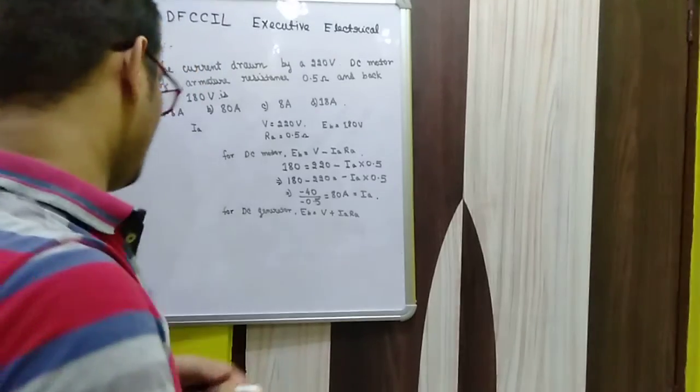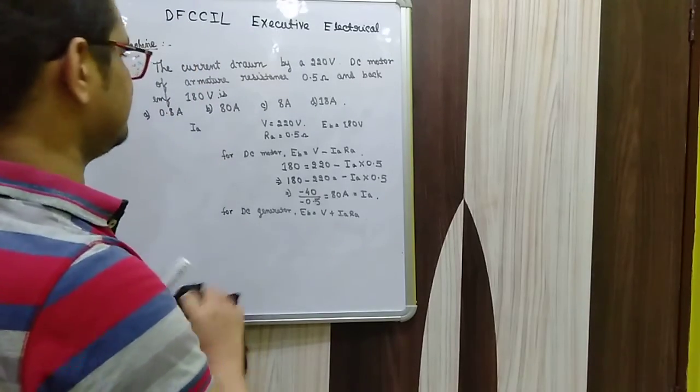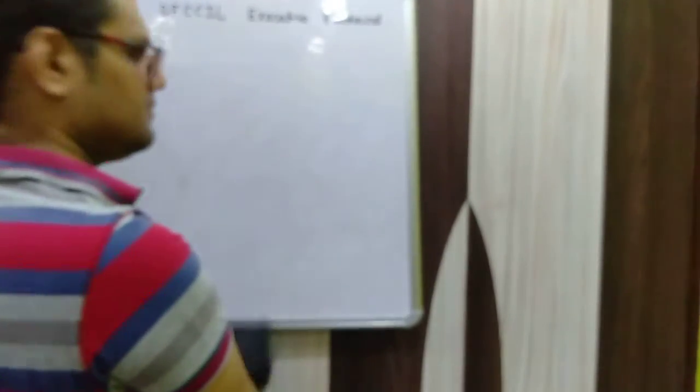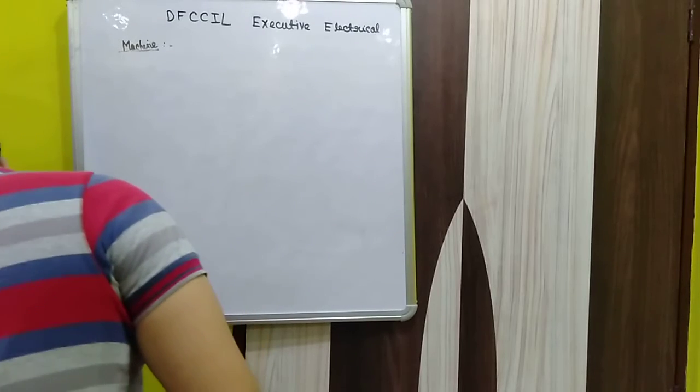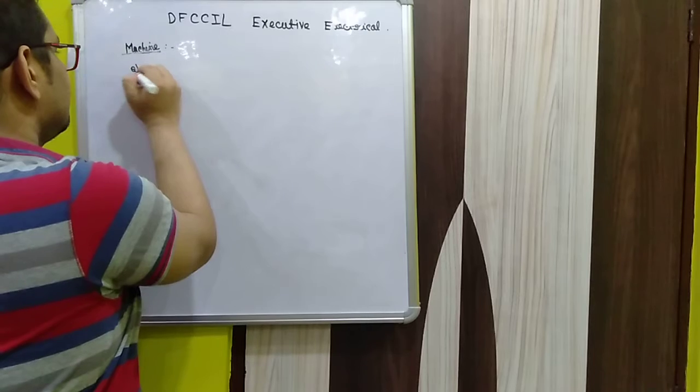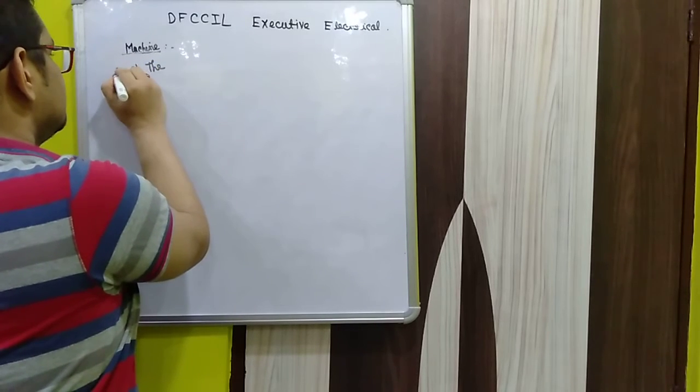So now I'm going forward to the next question, that is the last question of electrical machines. The last question they are asking about the magnetic flux density. It's question number 24.